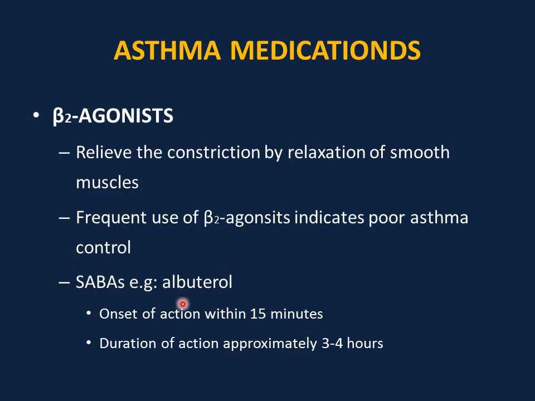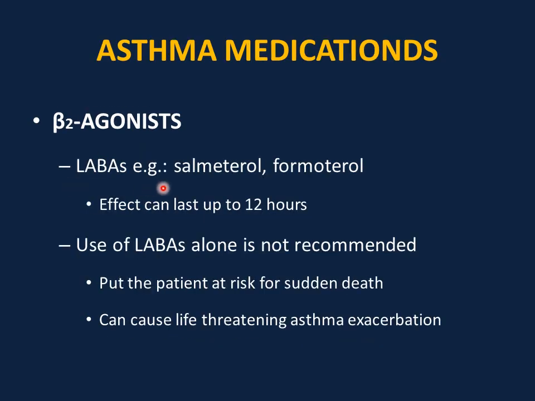Short-acting beta-2 agonist albuterol: the onset of action is 15 minutes and the duration is 3 to 4 hours. Long-acting beta-2 agonist, for example salmeterol or formoterol: the effect can last up to 12 hours.